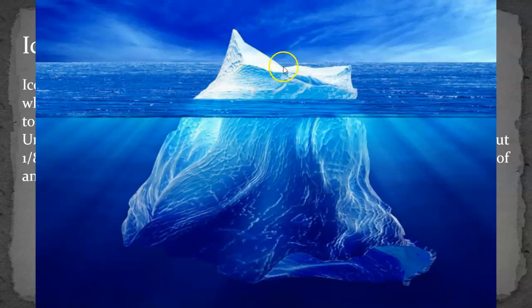Here's the top. This is what we see sticking out of the water. Here's the massive ice chunk under the water. So now you can see why the Titanic wasn't even that close to the iceberg up on top, but it hit down below. It's just incredible.